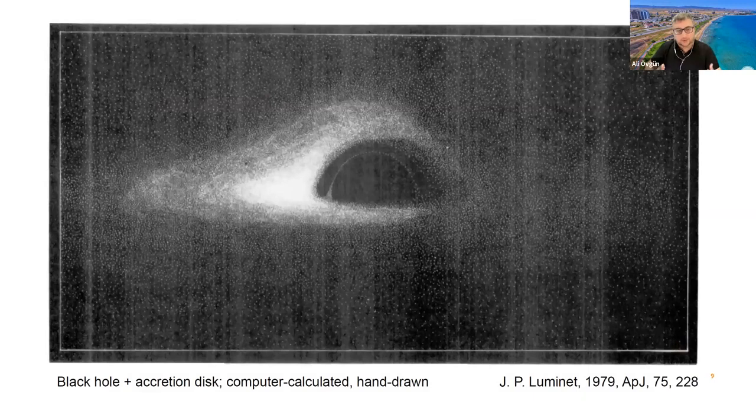Another important thing is the shadow of the black hole. Here you can see the first figure of a black hole shadow, which was drawn by hand by Luminet in 1979 with the accretion disk. They made a computer calculation, but hand drawn.